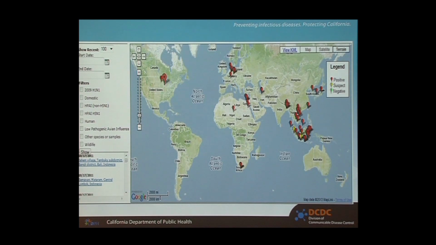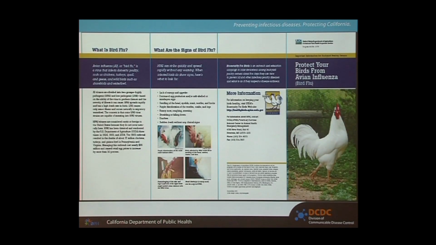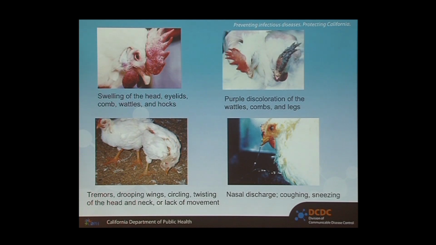And if there is a big chicken die-off, there is surveillance and testing. The USDA has a brochure that they've put out for those who raise chickens in their backyard, to monitor your chickens for influenza because they're not part of a regular reporting system. It tells you what to look for in your chickens.